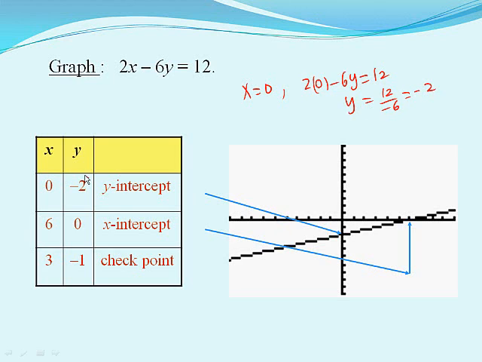That is this point calculated here. So we will get another point corresponding to x equal to 6, y calculated as 0. So this is another point, and I can plot that up here. So this will be 6, 0. This will be 0, -2, and draw it using a straight edge.